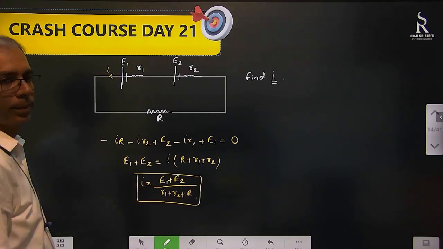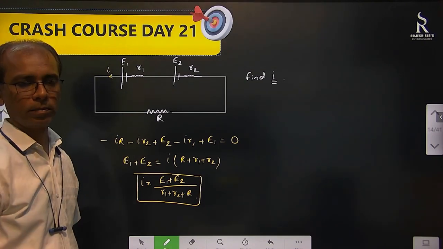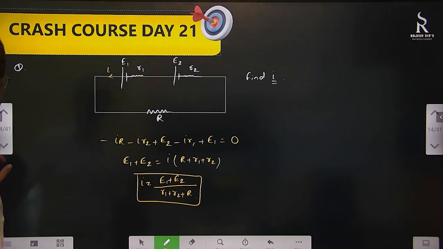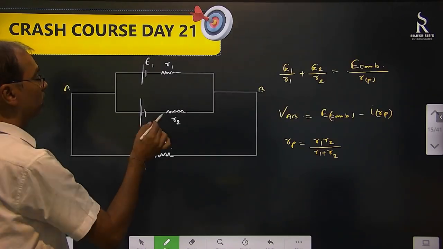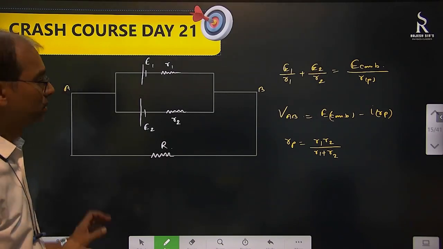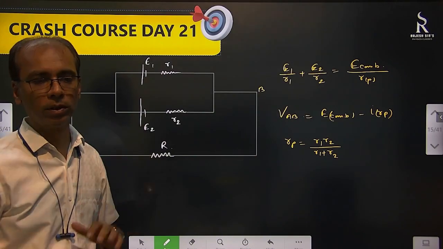This way we find the series connection. Then the parallel connection, E1 R1, E2 R2. Its derivation is slightly longer, so I try to explain it with a simpler method.